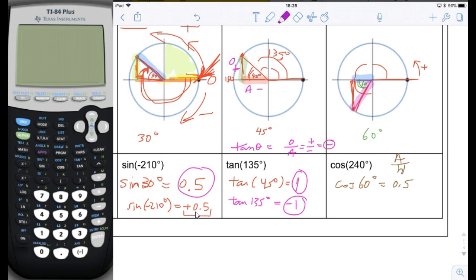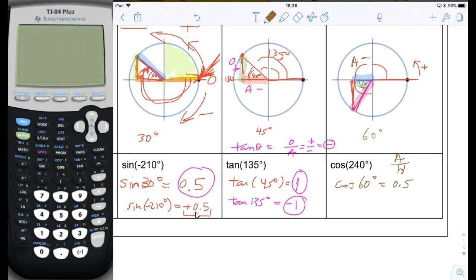Okay? Now, if you look at the blue line and the purple line, the blue line extends from the center to the left. So that means it is a negative length. Okay? So the adjacent value is negative. What about the hypotenuse? The hypotenuse is kind of pointing down. No, the hypotenuse is always positive.